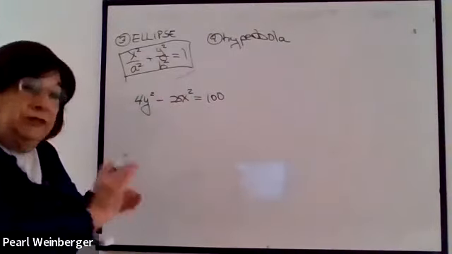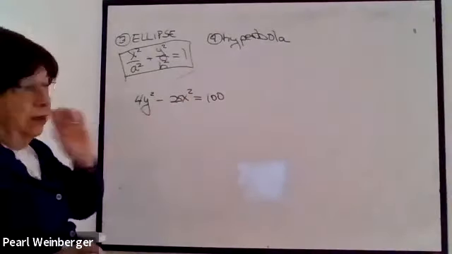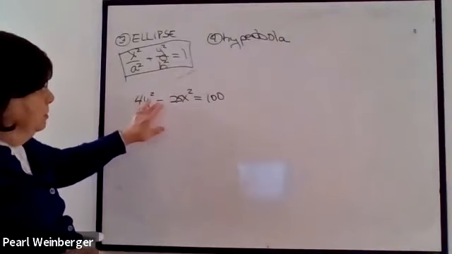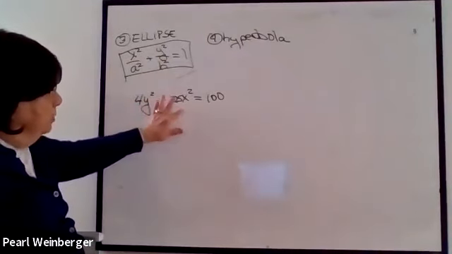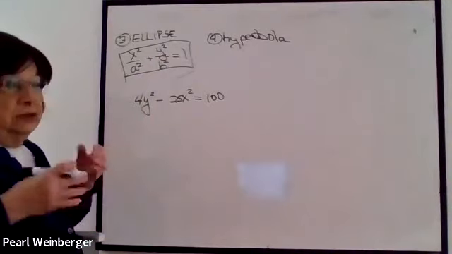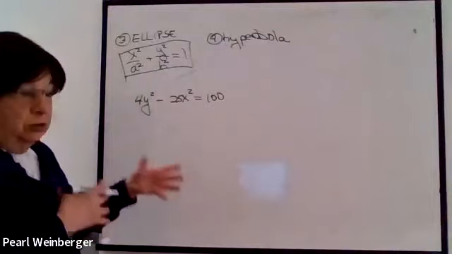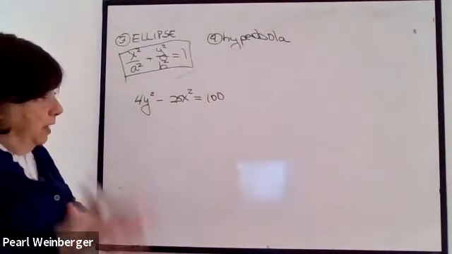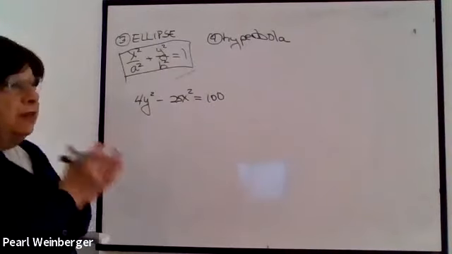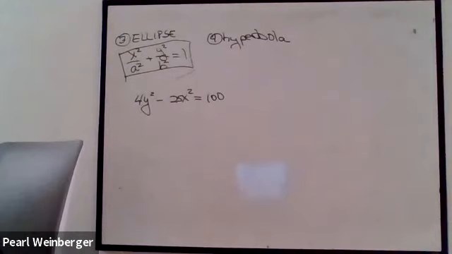So for sure, if I asked you what it is, you know it's not a parabola because it has both x squareds and y squareds. And the fact that there's a minus between the x squared and the y squared term right away tells you this has to be a hyperbola. When one of your square terms, your x squared, is positive and your y squared is negative or vice versa, that automatically makes it into a hyperbola.